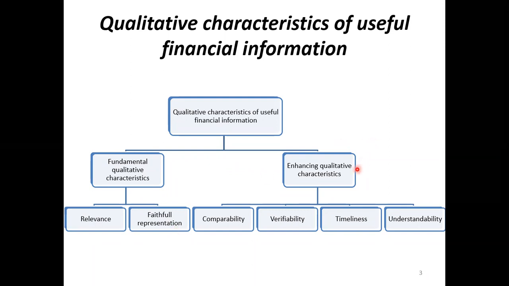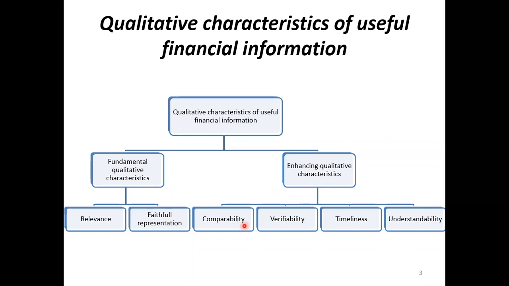When we talk about enhancing qualitative characteristics, these improve the quality of financial information. Mainly, financial information here refers to financial reports and their contents. The first enhancing characteristic is comparability.